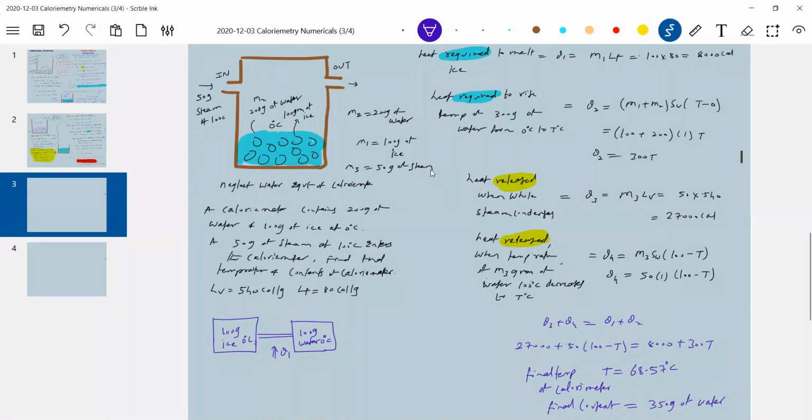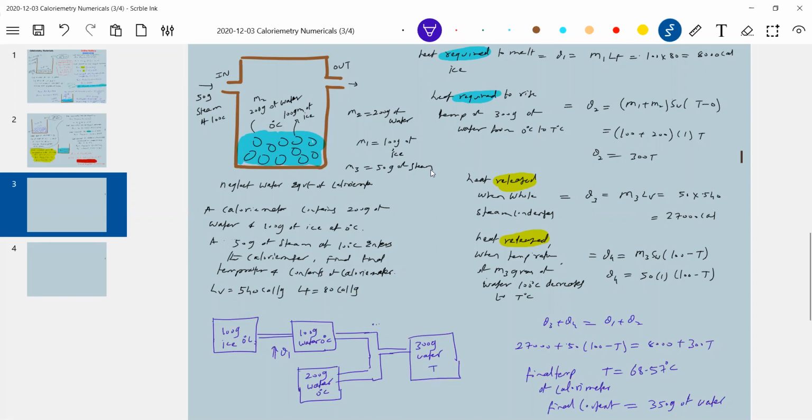Water at 0 degrees and 200 grams of water, these two together have to become 300 grams of water at T degrees Celsius.